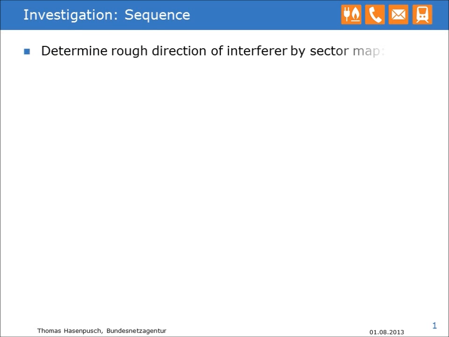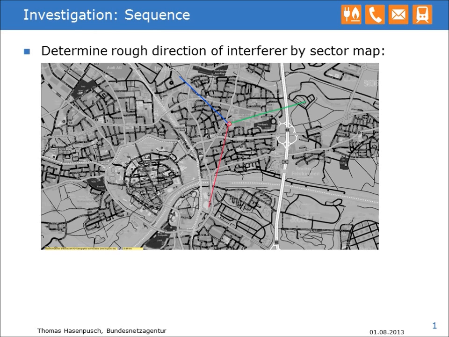So when we investigate this interference, first we look at the map. We have here this interfered station with the 3 sectors, and we saw from the previous sheet that this sector was most affected, this sector was a bit affected, and this sector was not affected. So we can assume that the interferer is somewhere in this angle range.